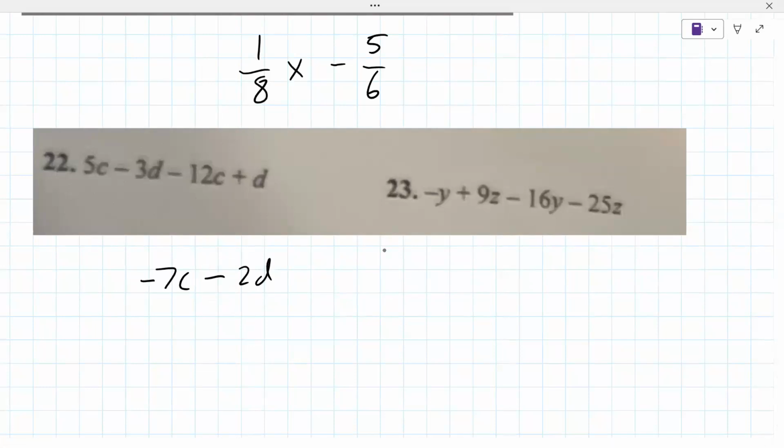All right, keep going. -17y plus -16... 6y, -16z. Yeah. All right, good.